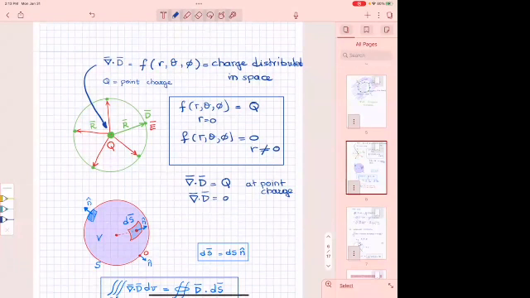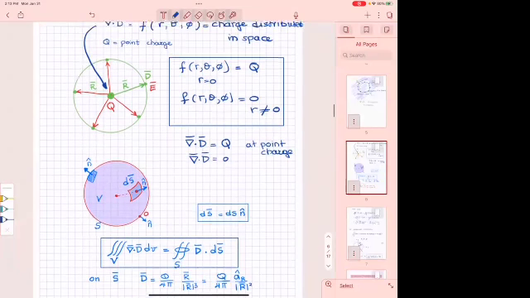We will see later that if the charge distributes, then wherever you have charge, the divergence of D is equal to that charge at that point, and it's going to be 0 at every other point that does not have charge. So that's the general case.